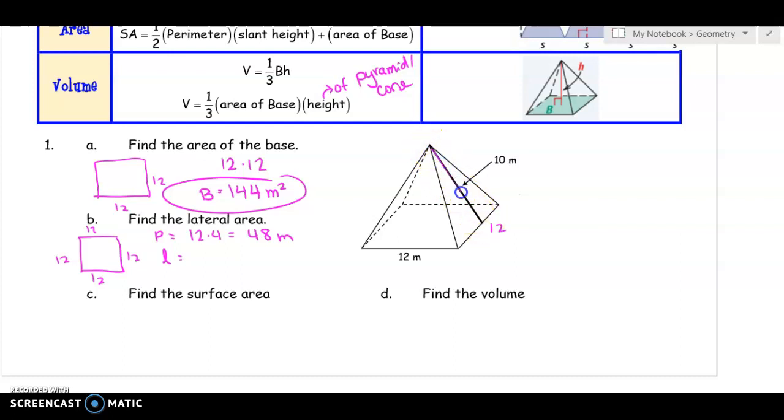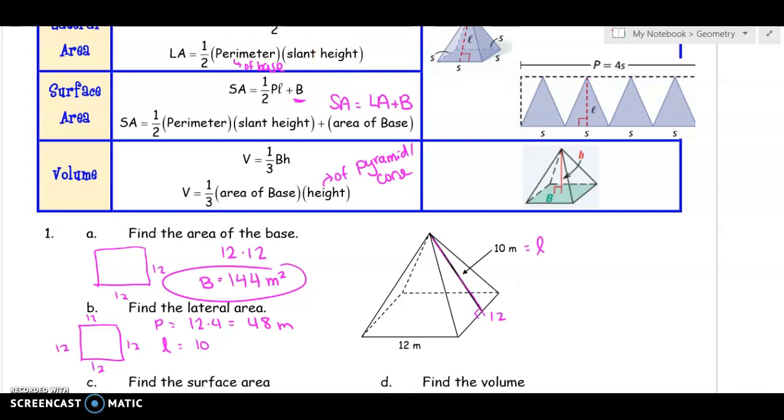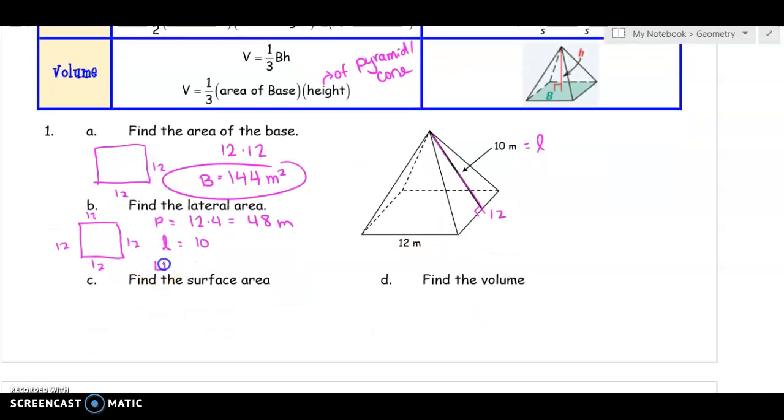It goes along the side through the middle of this side. So that's 10. 10 is our slant height. So the lateral area is 1/2 perimeter of the base times the slant height. So the lateral area is 1/2 times the perimeter, 48, times the slant height, 10. And you're going to end up with an answer of 240 square meters.